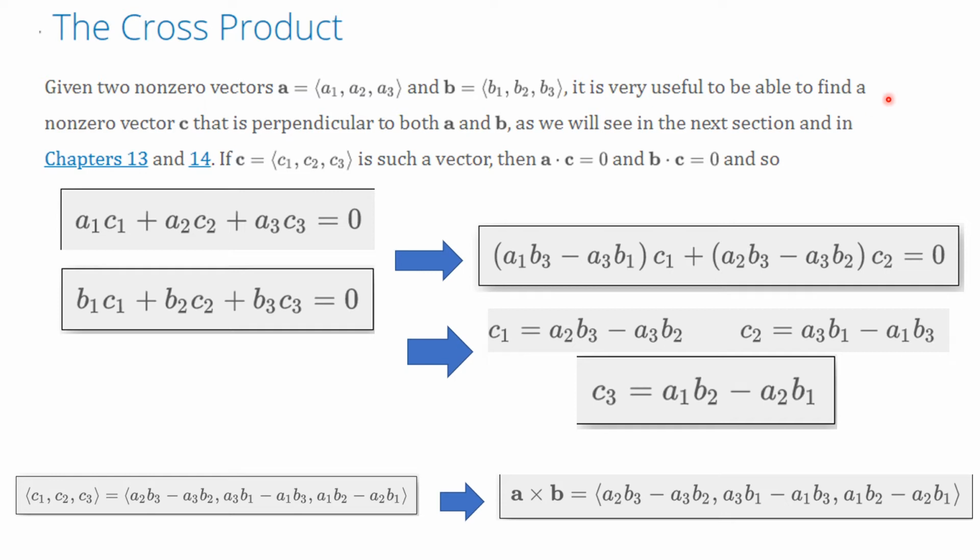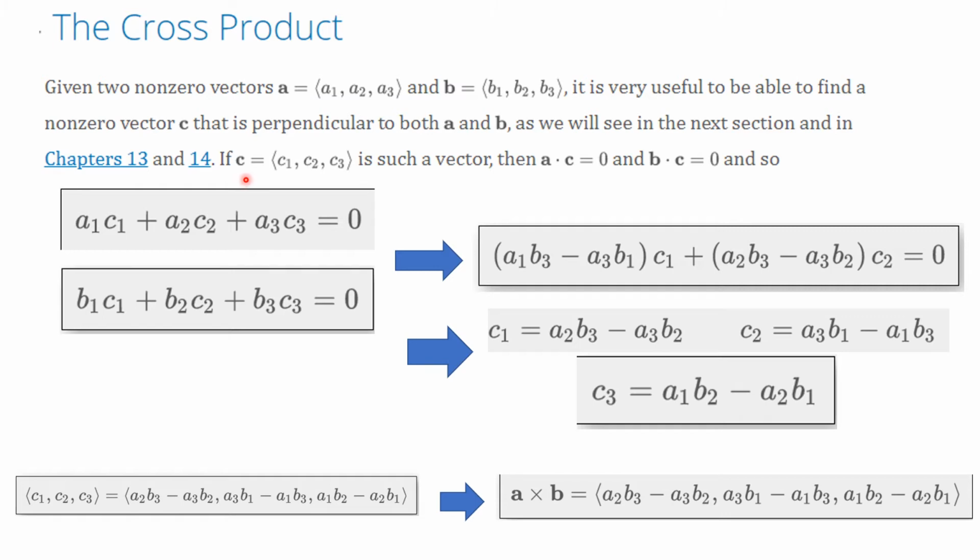So given two non-zero vectors, A equals ⟨A1, A2, A3⟩ and B equals ⟨B1, B2, B3⟩, it is very useful, not only for the applications we talked about but mathematically, to find a non-zero vector C that is perpendicular to both A and B. Let's see what it would have to do.